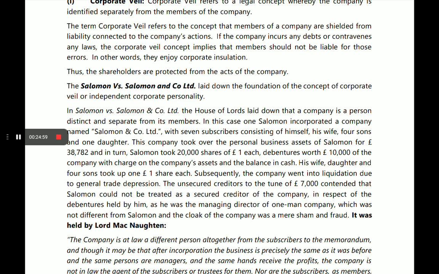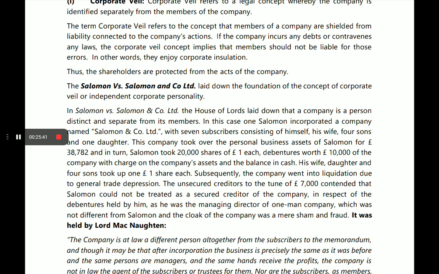The company took over the personal business assets of Salomon for £38,782, and in turn Salomon took 20,000 shares of £1 each, debentures worth £10,000 of the company with charge on the company's assets, and the balance in cash.